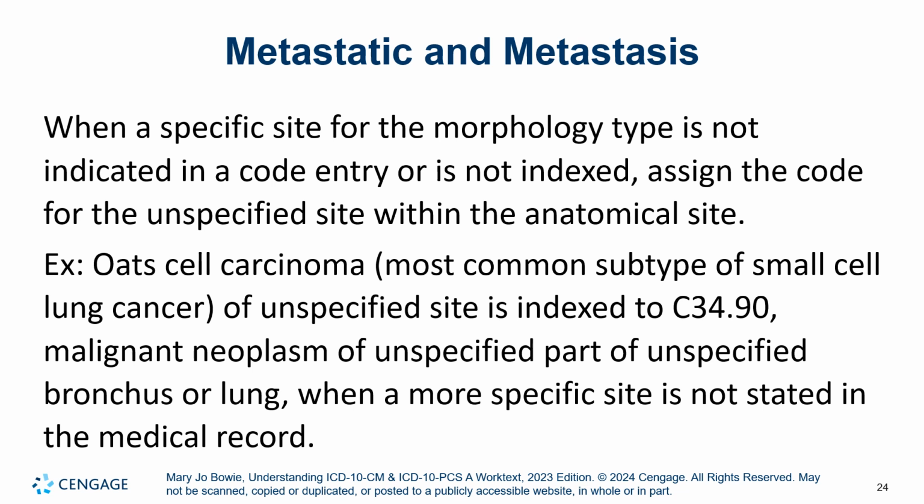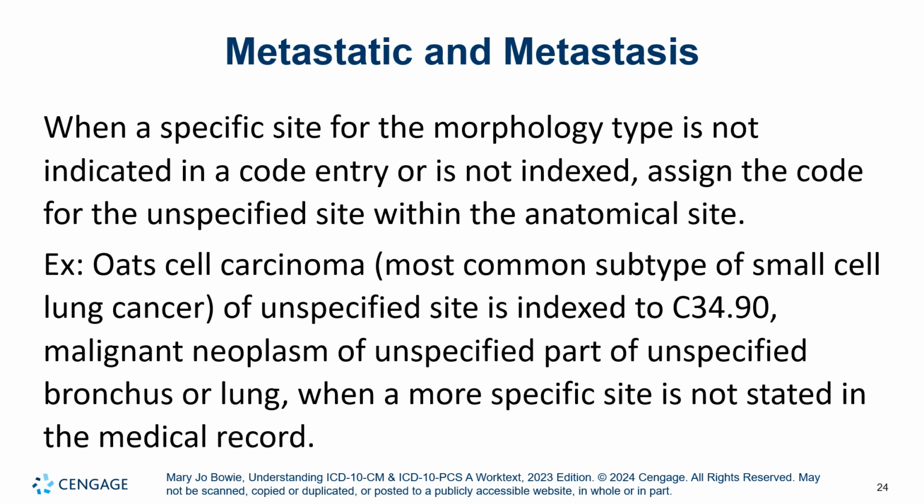All right, so when a specific site for the morphology type is not indicated in a code entry or is not indexed, assign the code for the unspecified site within the anatomic site.